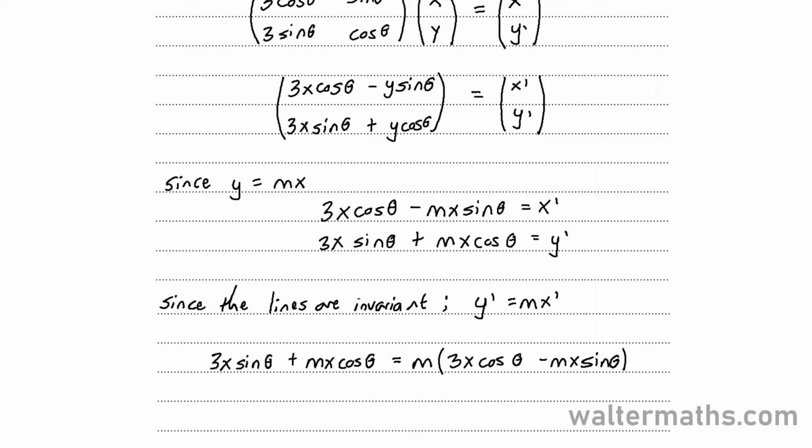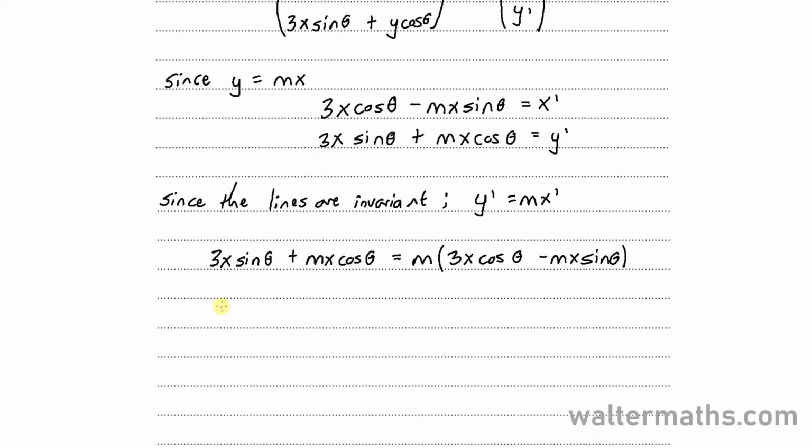So let's simplify what we have right now. So we have 3x sine theta plus mx cos theta, and it's equal to, multiplying m into the bracket, we get 3mx cos theta minus m squared x sine theta.